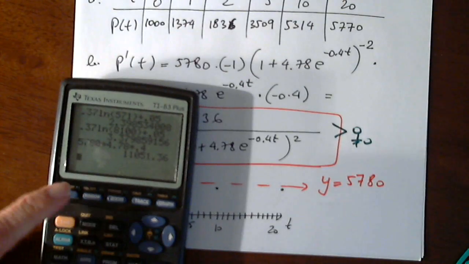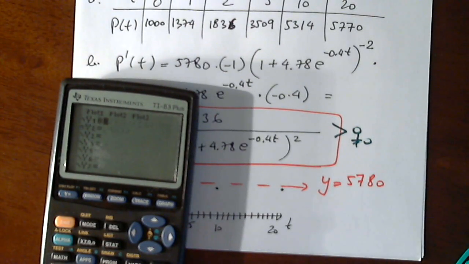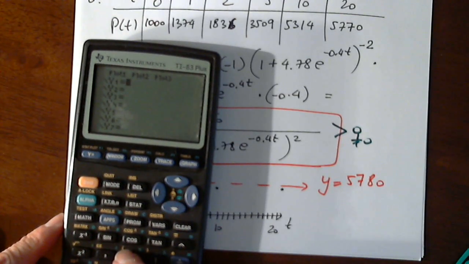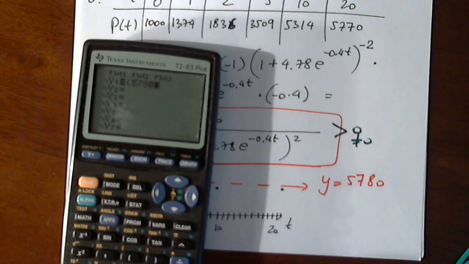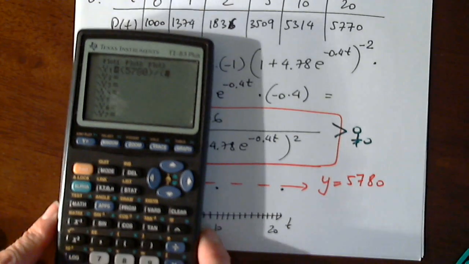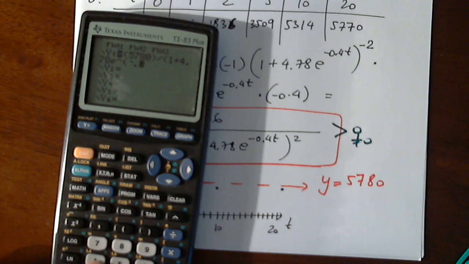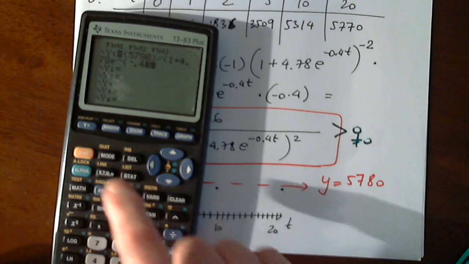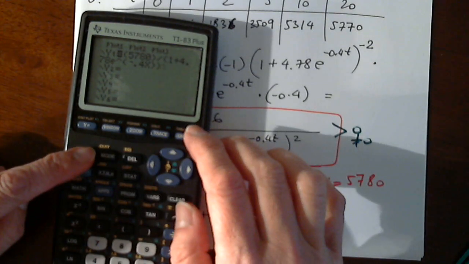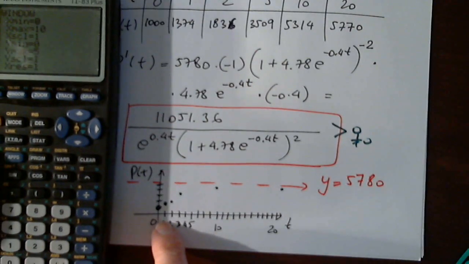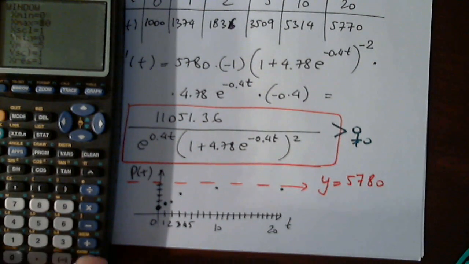With the graphing calculator to check, I will put in, oh, I did have it. Okay, 5780, of course I did. Okay, 1 plus 4.78, no problem. -0.4x, close and close. Okay, so with window, I want x to be between 0 and 20, roughly. It can go further.